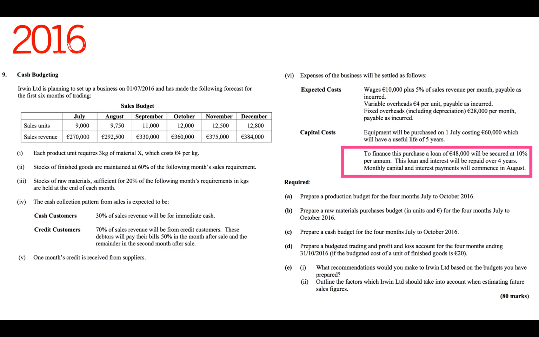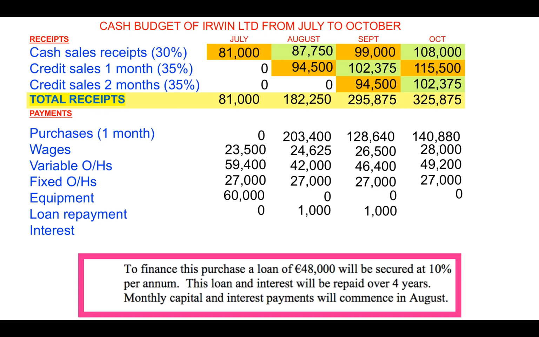So a loan of 48,000 is going to be secured, which is going to be repaid then over 4 years. So 4 years is 48 months. So that is going to be loan installments of €1,000 each month, which are going to commence in August.